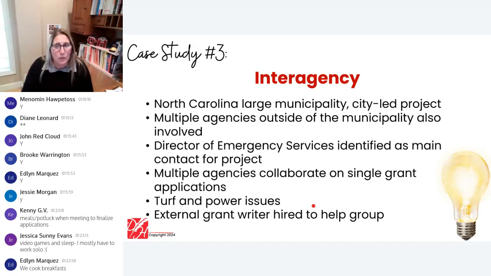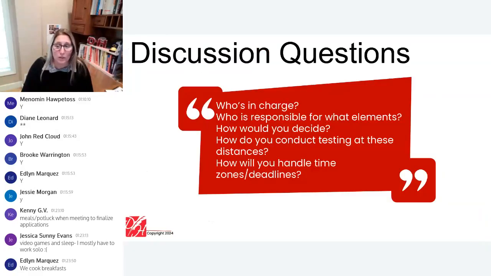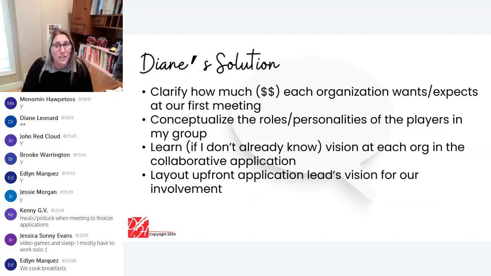This example, you heard me talk about a little bit already. Lots and lots of players. It wasn't just about the municipality. They had to decide who was going to be the voice. In this case, being the voice was not for the grant writer, the grant professional. As they thought about who's in charge and who has which skills at the table, they wanted to understand who's going to get some money, who are the players.